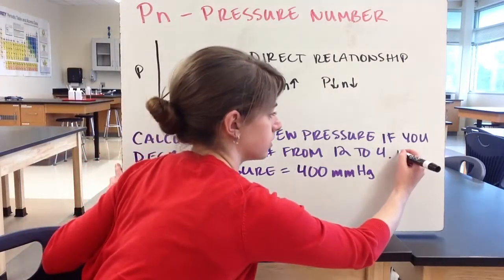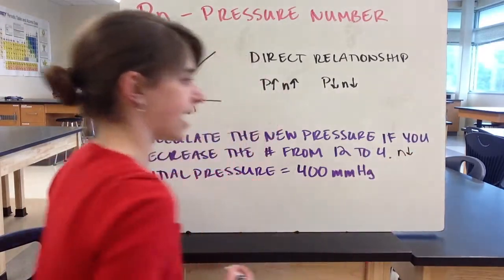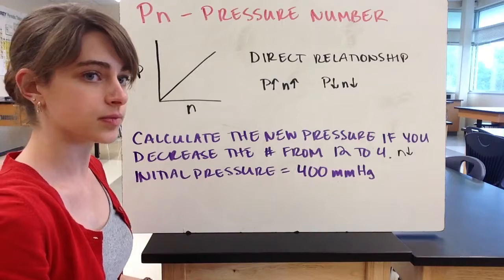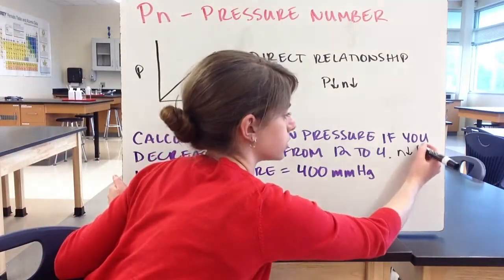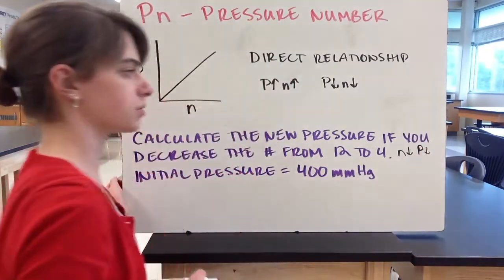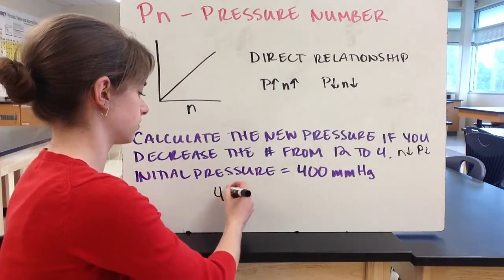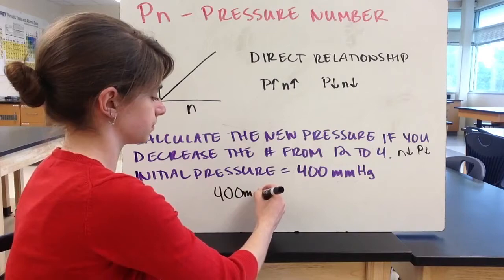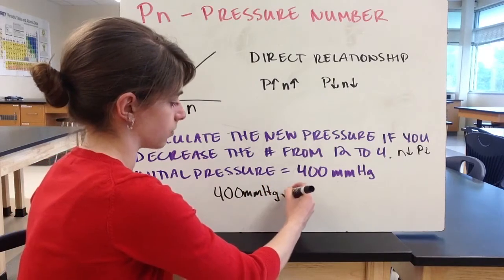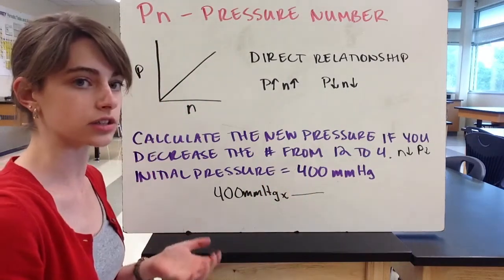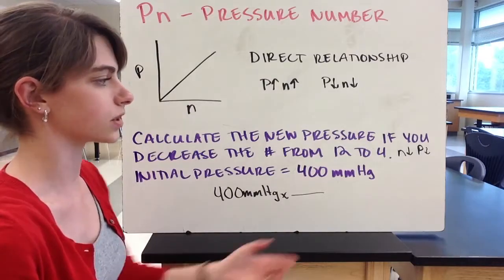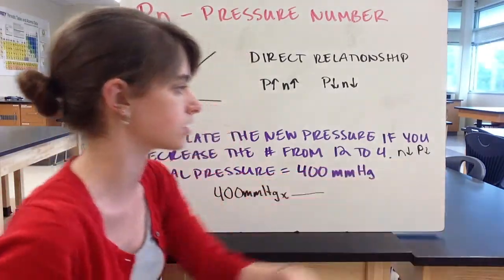So our N goes down. What would we expect our pressure to do? You should be saying we would expect our pressure to go down as well. Our initial pressure is 400 millimeters of mercury. Again, we're going to multiply it by some sort of factor, some sort of ratio that will make that number go down, because we said we wanted our pressure to get smaller.